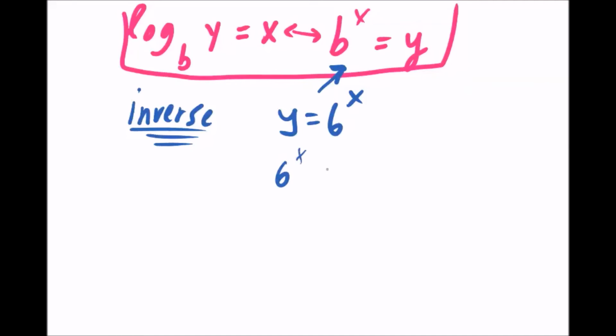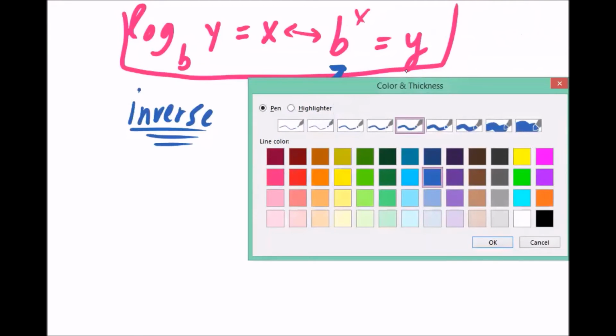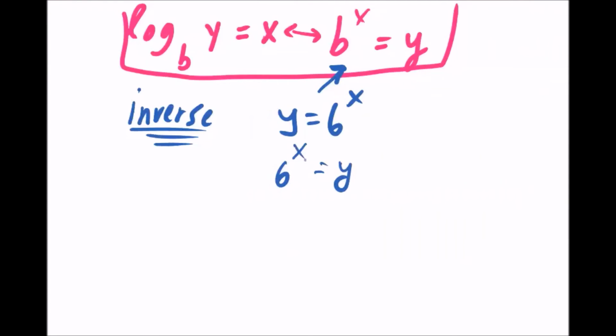And I'm going to write 6 to the x equals y, just so it looks like what I have right here. Six to the x equals y. I'm just flipping it around so it's easier to look at.